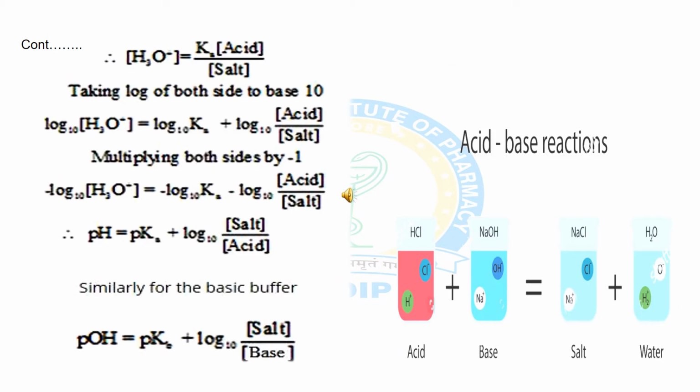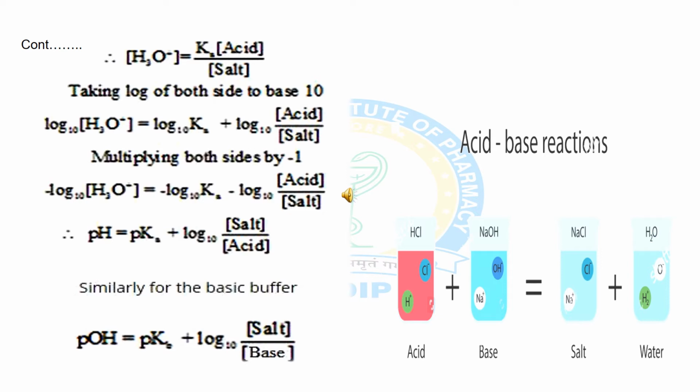Rearranging the above equation, the hydronium ion concentration is equal to Ka times the concentration of acid upon the concentration of salt. Taking log on both sides with base 10, the equation becomes log10 of hydronium ion concentration equals log10 Ka plus log10 of the concentration of acid upon the concentration of its salt.